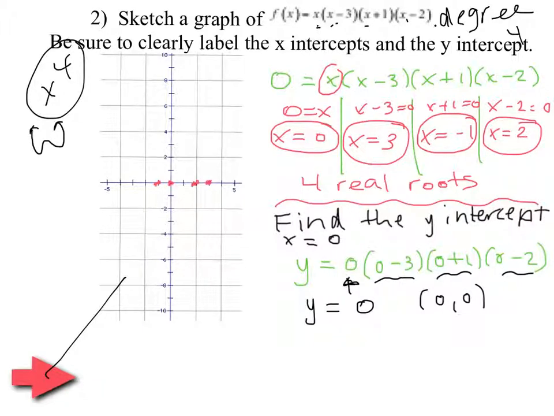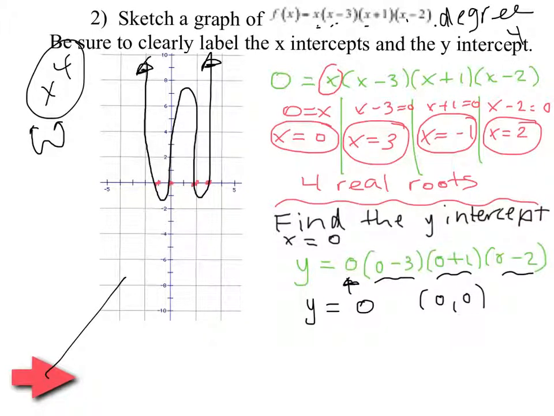So I'm going to graph this by going through the intercepts, up through the intercepts. And there is my W shape.